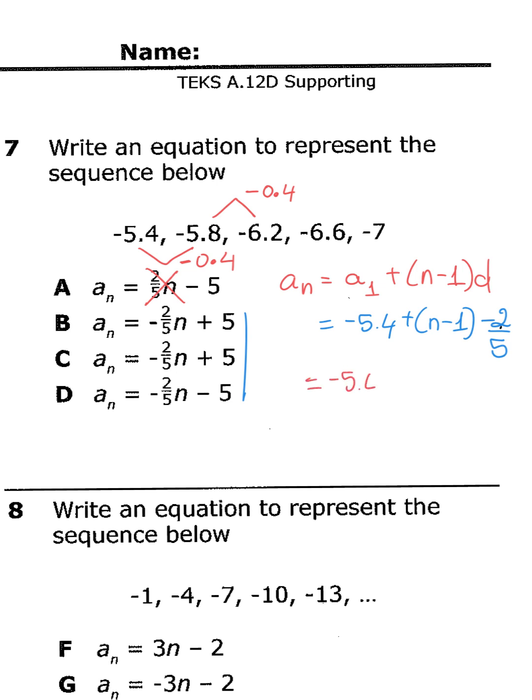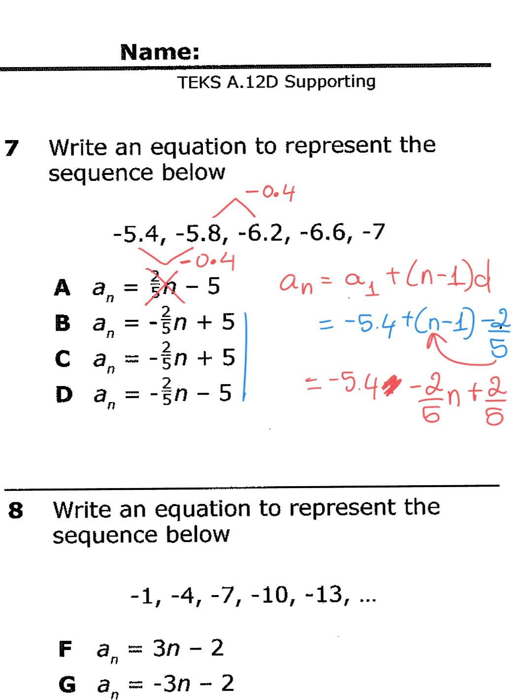Negative 5.4, adding, right? Adding a negative. My bad, this should not be adding because negative 2/5 times n will be subtract 2/5 n. Okay, negative times a negative is positive, adding 2/5. All right.